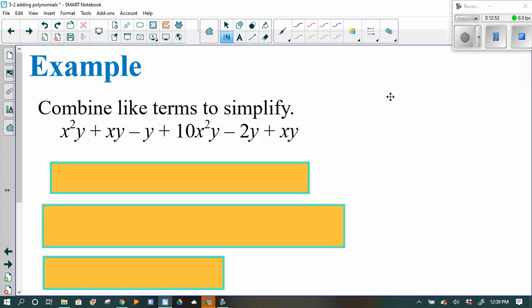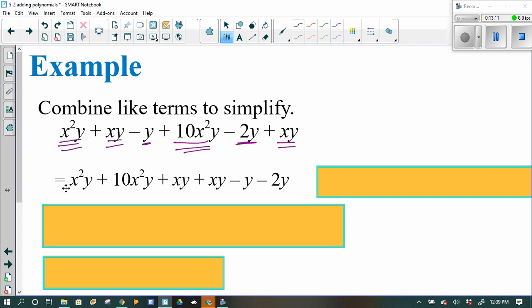So if I combine these like terms, go through and look. So I have x squared y, and then here is an x squared y, and there's no more. Now I have an xy and an xy. Here's just a y, and here's just a y. So take and group your things together. So here's the x squared y's, here are your xy's, and then here are your y's.